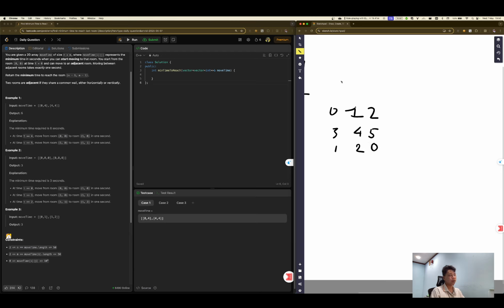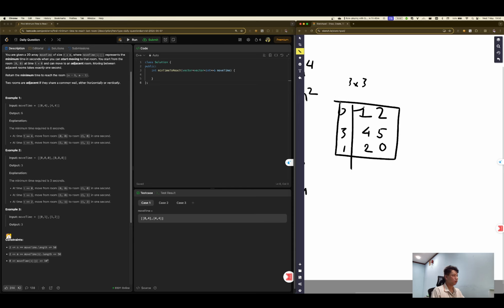Instead of thinking of this as a normal 2D array, let's think of it as a graph. This is what they give you, but let's think of this as a graph.